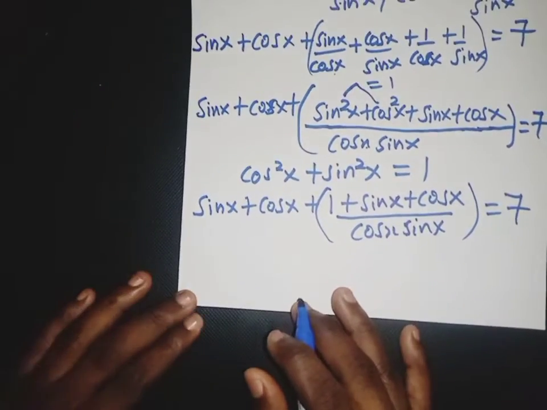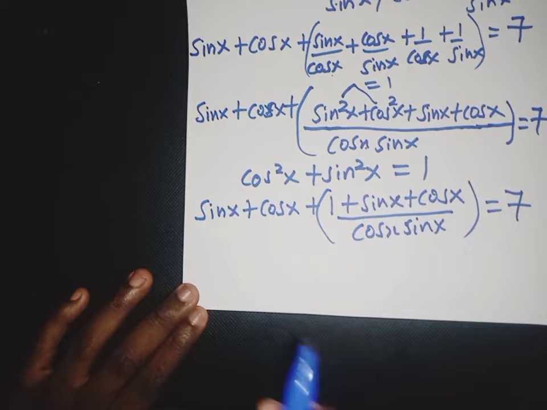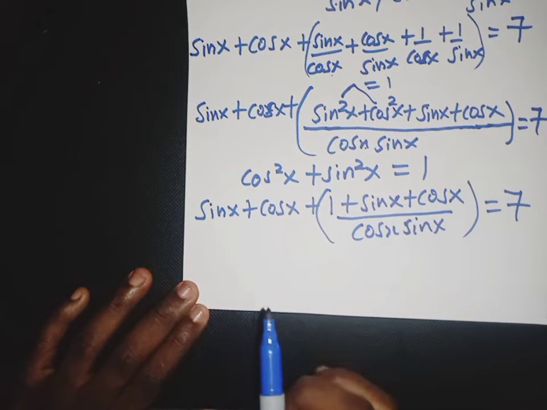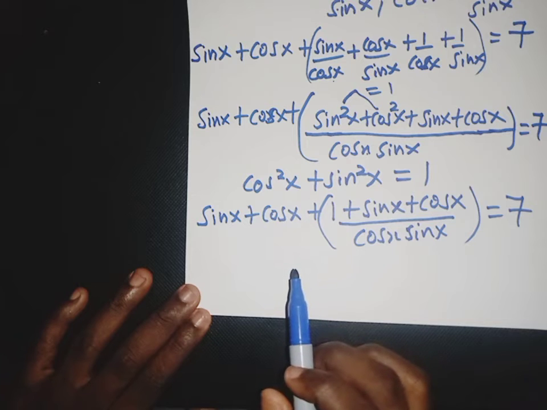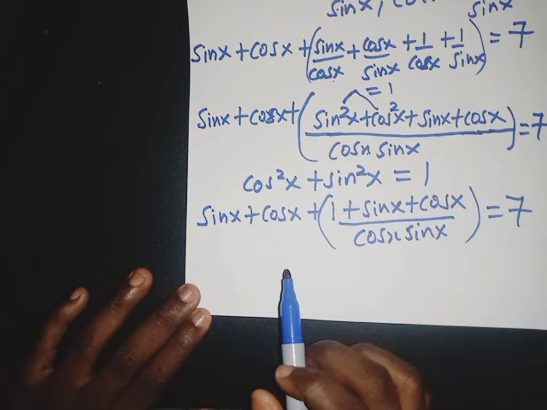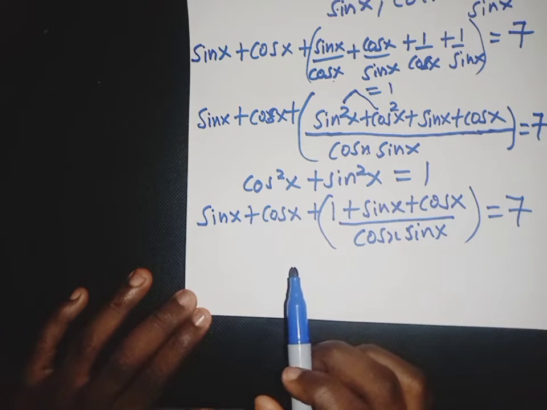Now this is what we have. Remember the question says we should find sine x plus cos x, so we are going to represent sine x plus cos x as a variable.